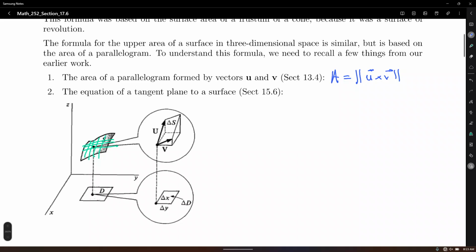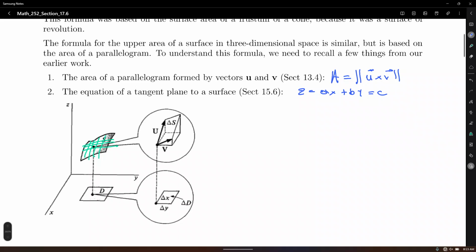The equation of a tangent plane to a surface is pretty easy. Even though we go like ax plus by plus cz equals d, I'm going to solve this equation for z, so z equals ax plus by plus c. So I'm writing this equation in explicit form for z. What else are we going to do?